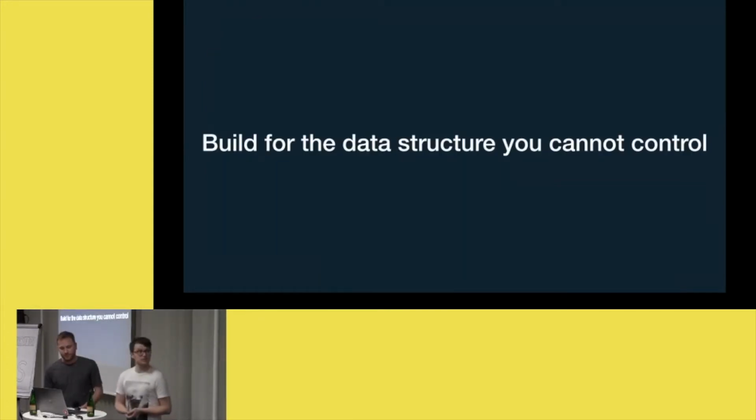We also try to build for the data structure we cannot control. So we as component authors, we don't know the data structures that the developers who actually use our components need and that they have. So we try to build our components as data structure independent as possible.